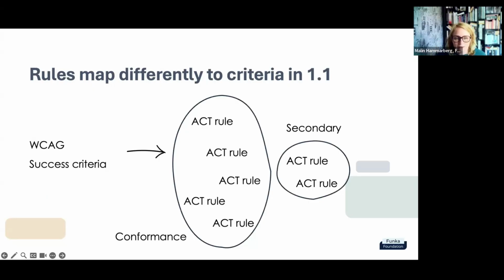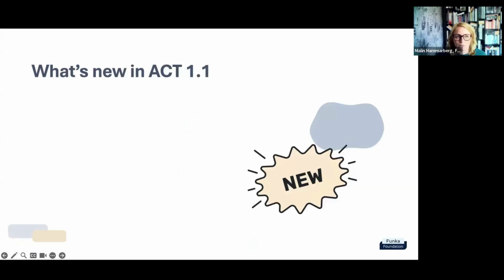So what else is new in 1.1? Well, the latest version of ACT 1.1 was published in February 2026. And it's important to understand that this is still evolving. New rules and updates are added over time, so it's a living document. For example, some ACT rules are marked proposed.